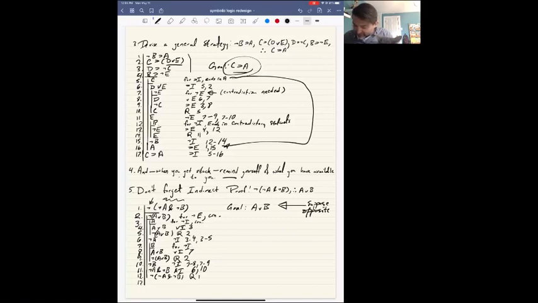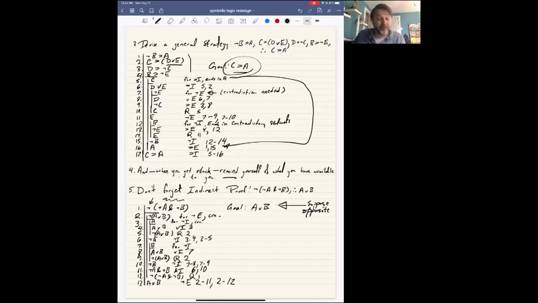And so that led us to a contradiction, which gives us A or B, our desired goal, via negation elimination of 2 through 11 and 2 through 12.